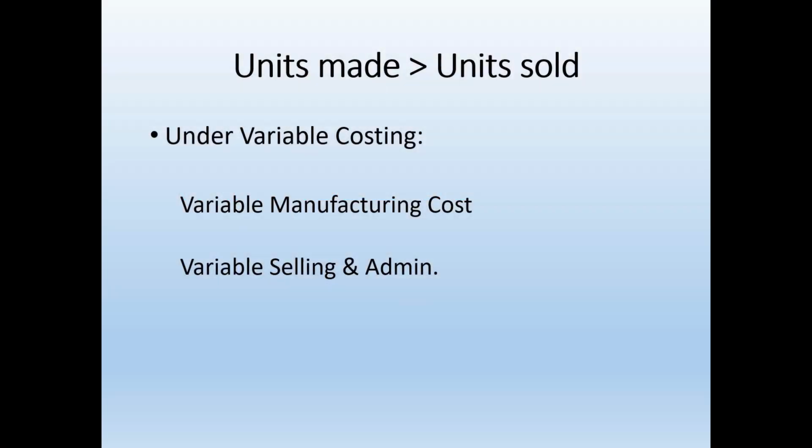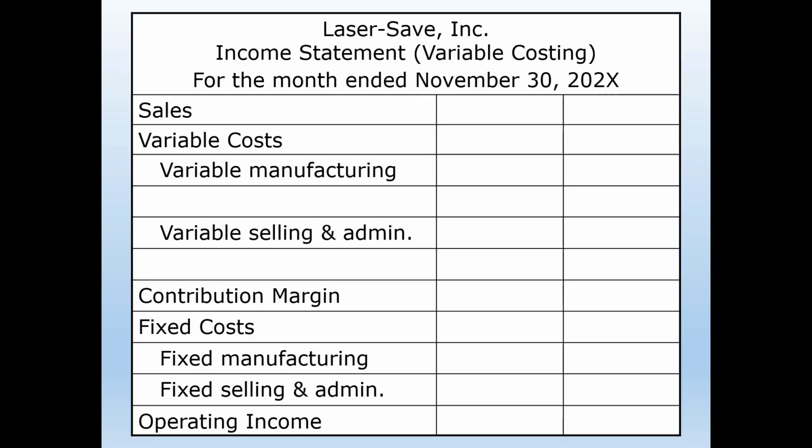Now let's take a look at November under variable costing. Variable manufacturing cost was given, $23 a unit. Variable selling and administrative was also given, $1.25 per unit. Now let's make a variable costing income statement.